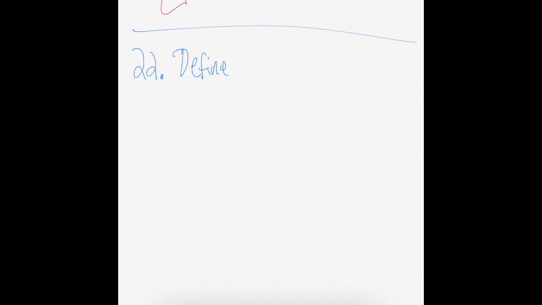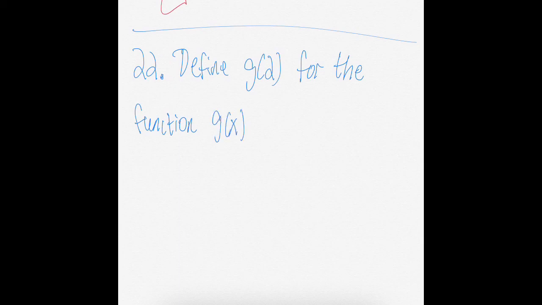Problem 22. Define g of 2. Oh, so this is a different kind of problem. So let me finish writing it, and then we will talk briefly about what this is really asking for. So define g of 2 for the function g of x equals 2x squared minus 8 over 2x minus 4.